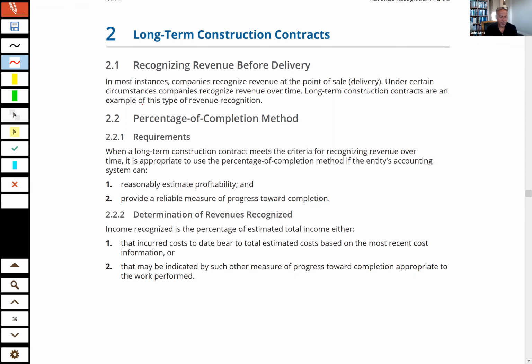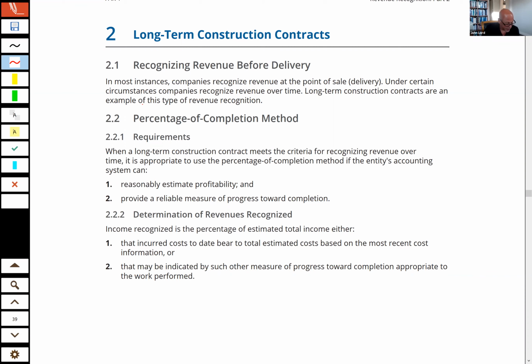But they held on to the completed contract method. So we still have to bother ourselves with it in the case that we don't have a good way of estimating our progress towards completion. So the rule is you should use percentage of completion unless you have an issue in terms of estimating your progress towards completion, in which case you would use the completed contract method.